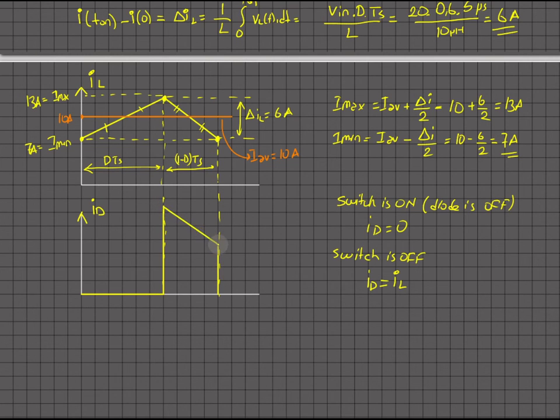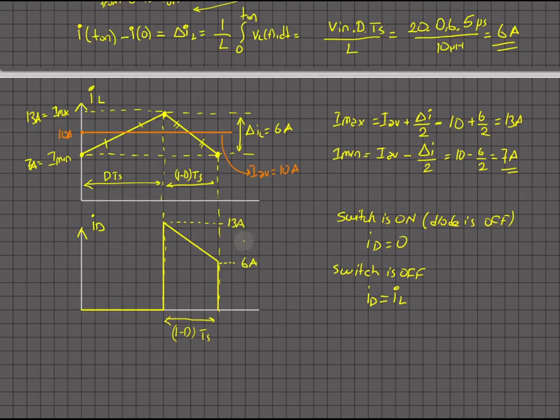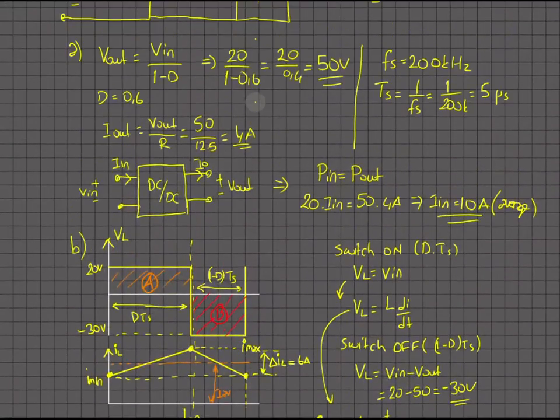Then it will be exactly that shape. So we are just omitting the increasing or DTS part, but whenever the switch is off, so for again 1 minus DTS, the diode current will be again from 13 amps to 6 amps. Okay, so that is our second leg.